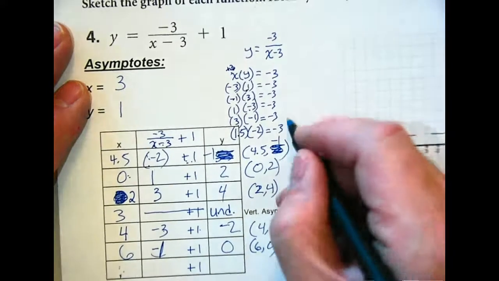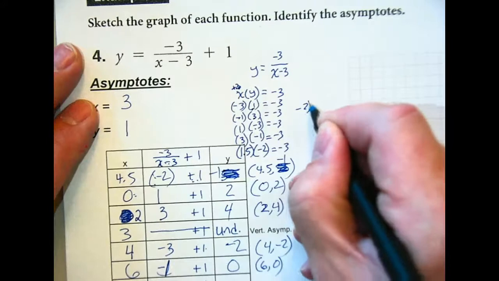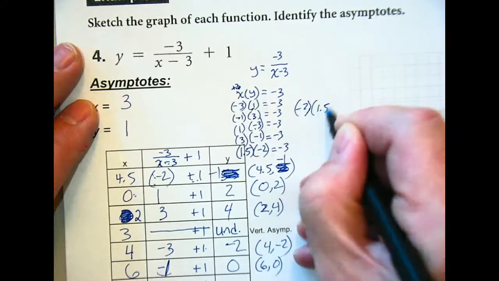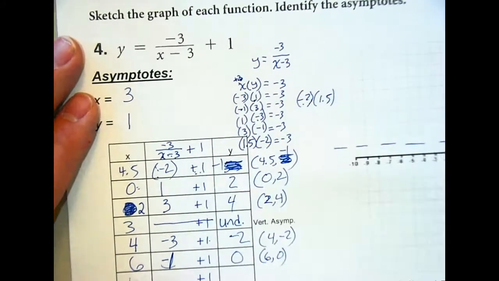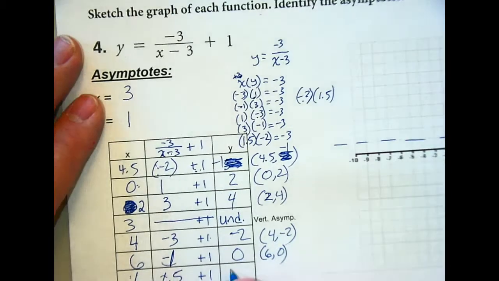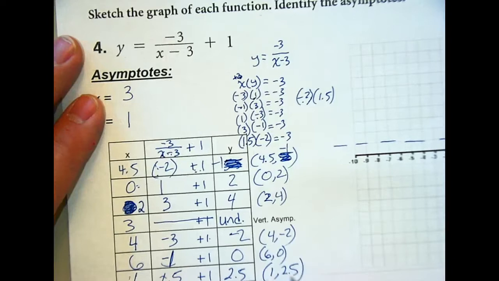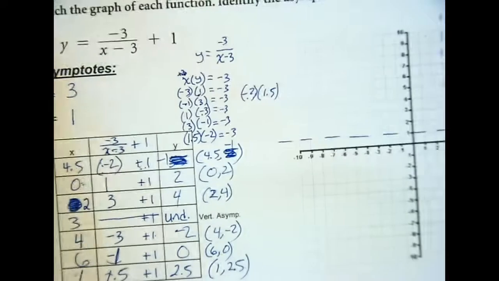Yeah, so the other combination would be negative 2 and 1.5. Okay, and if we add negative 2 for x and add 3, that's 1. That's going to give us 1.5. And 1.5 plus 1 is 2.5. So we have 1, 2.5. And then we'd have to plot the points and graph them.